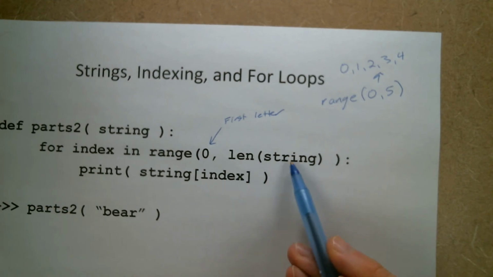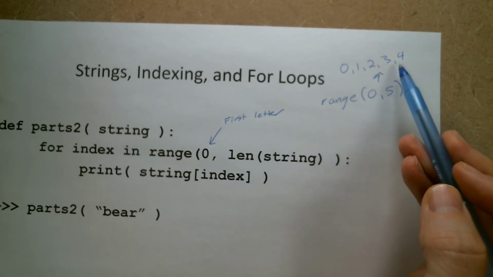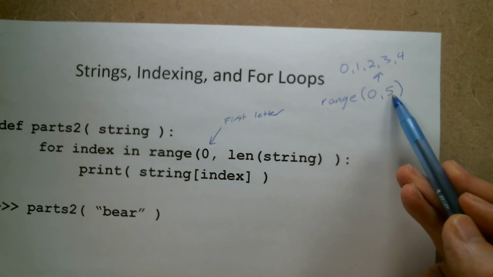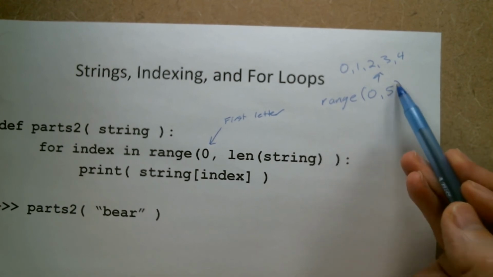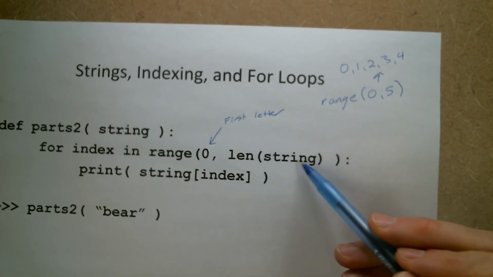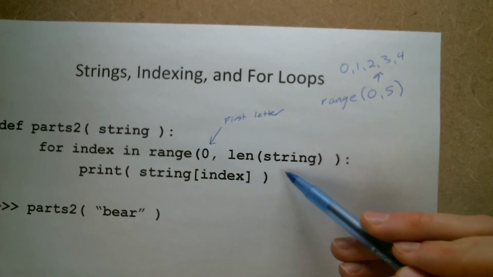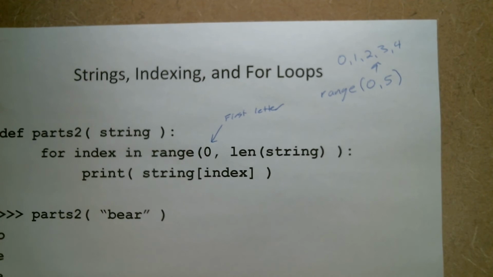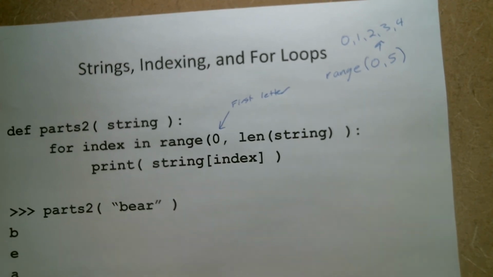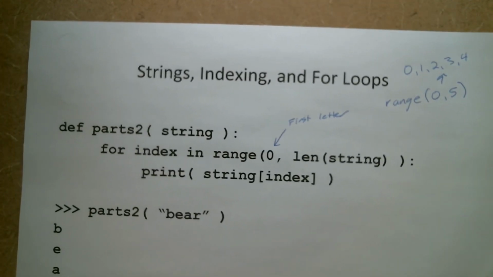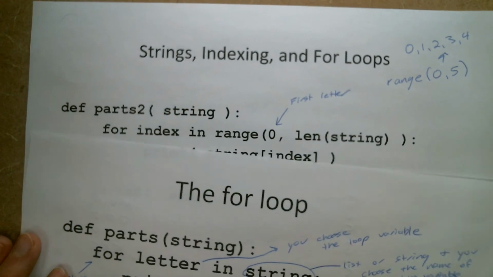This will bring us to the last character because that last number that's part of our range, we never actually get to. So that works perfect for us because we can just say length of string. We don't have to modify it because the loop will stop 1 short of that number, which is where our last letter actually exists. So what's the difference between this and this?